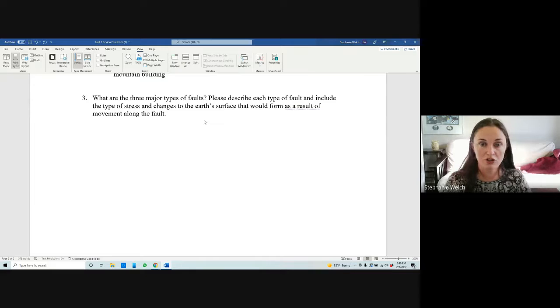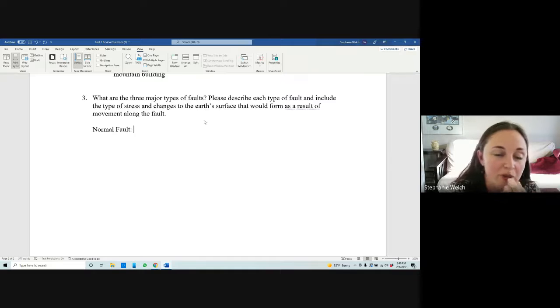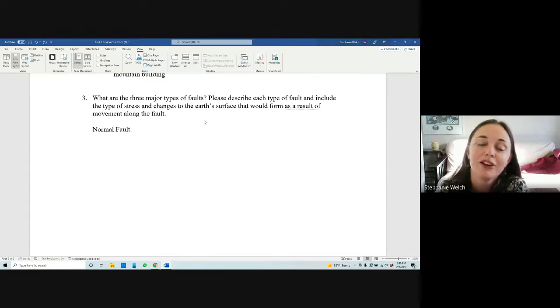The first of these 3 types of faults is what I would call a normal fault. I may have it listed in a separate sequence in the notes. I might have started with reverse faults, but I'll start with normal here because you want to hear about what's normal before you hear about what's abnormal, right? Normal faults aren't any more common than any of the other types of faults.